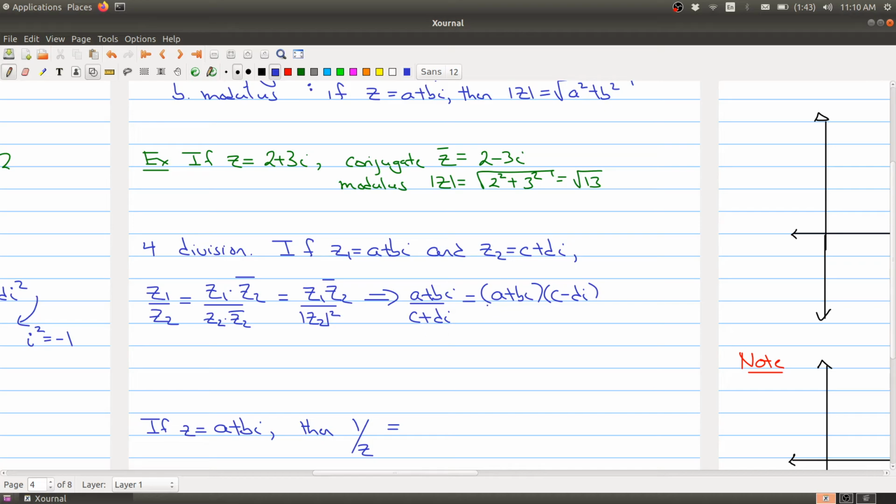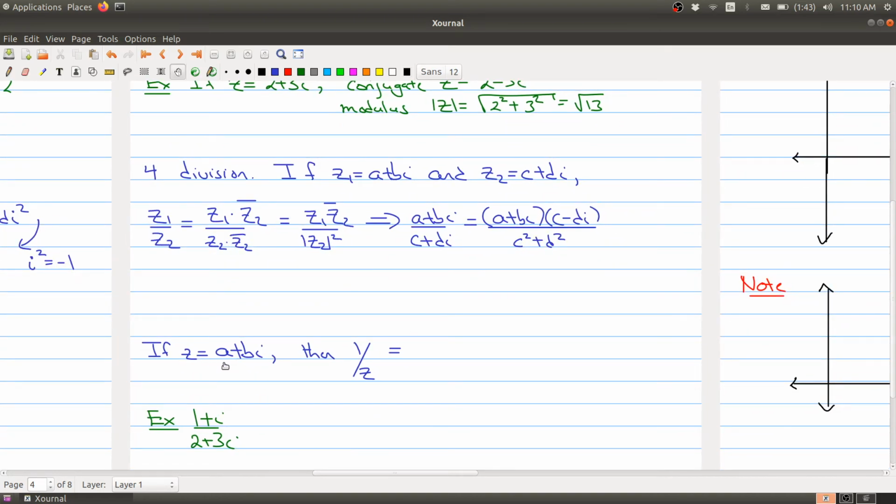And then downstairs, you're going to get c squared plus d squared, because the square root of c squared plus d squared is the modulus, but we're squaring it, so we're getting rid of the square root sign. And if you apply the formula to a plus bi and you're taking the reciprocal, if you want to find 1 over z, you just apply the formula, and as an answer here you would have a minus bi over a squared plus b squared.